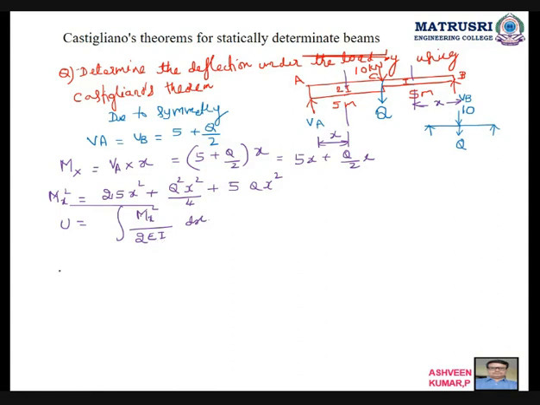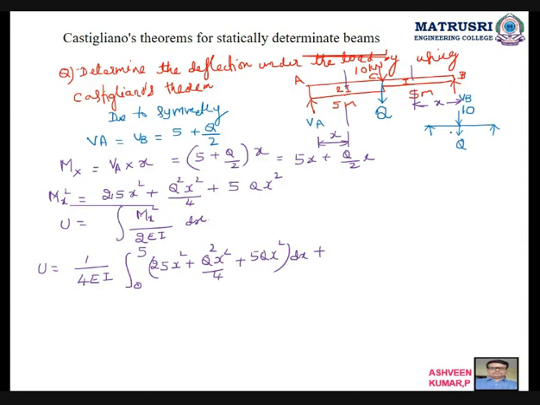So it becomes 1 by 4EI integration. What are the limits? 0 to 5. So 25 x square plus Q square x square by 4 plus 5Q x square dx.